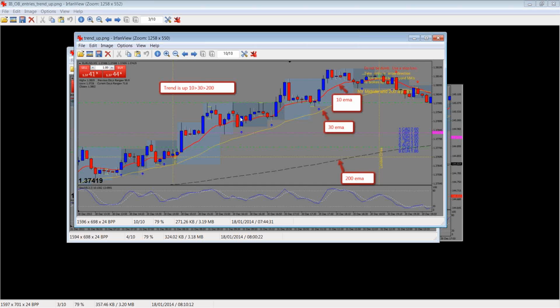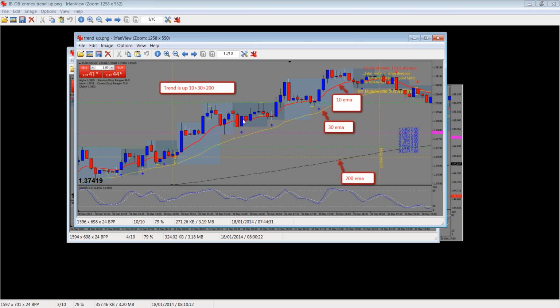Once that candle has closed above the 30, the following candle, or the following couple of candles, if it breaks above the 10, that is qualified as an entry for us.